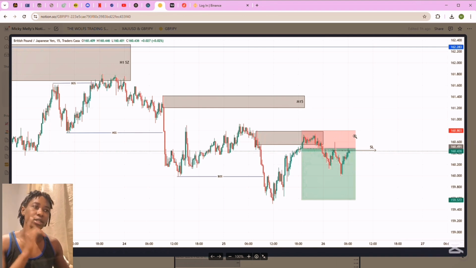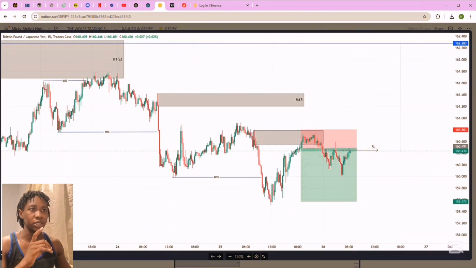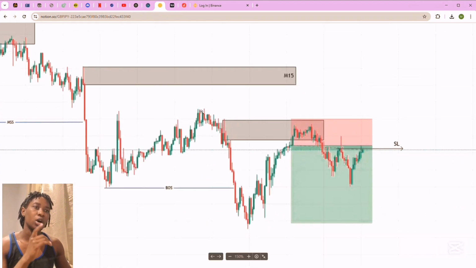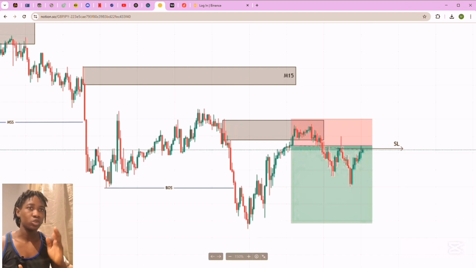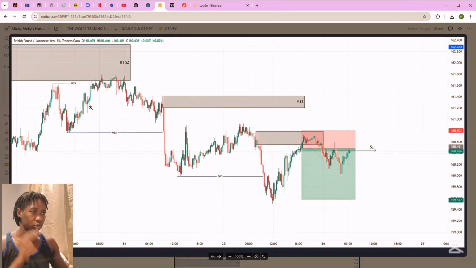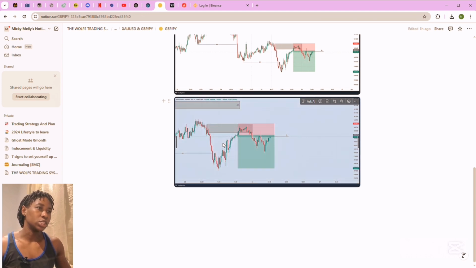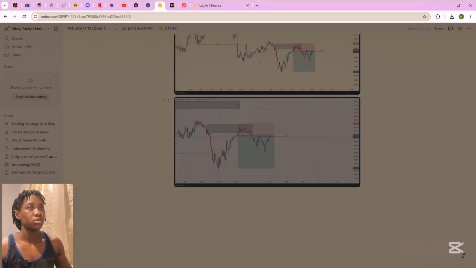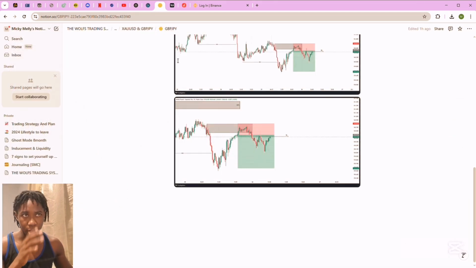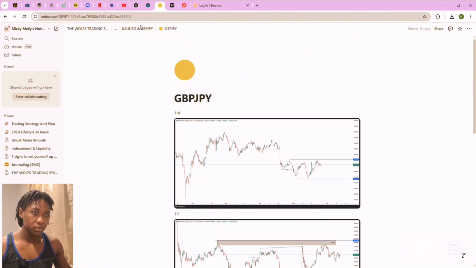The reason why I did that is because this high could have been a liquidity, because there's a huge fair value gap, unmitigated fair value gap, and also an unmitigated order block. That's why I moved my stop loss to break even as fast as I could. So on this particular trade, you can see break even. That's why we have the yellow over there.